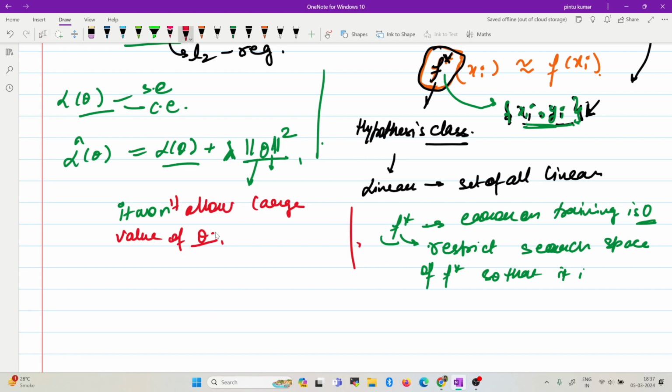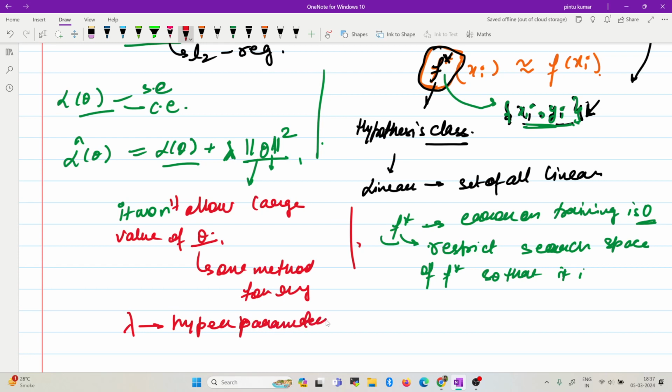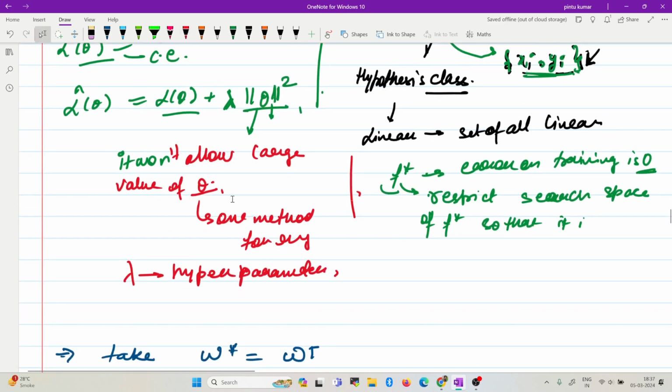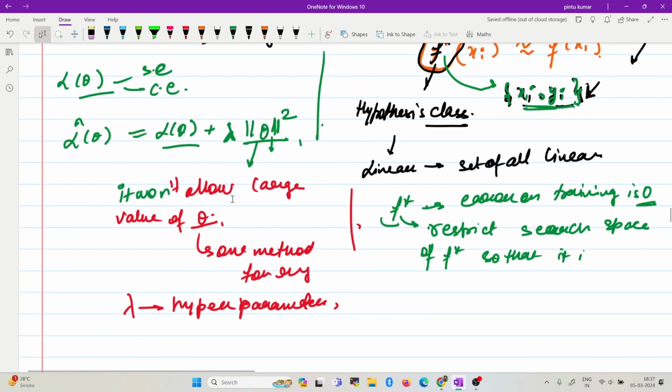So this is one method for regularization. And again, your lambda is some hyperparameter that you can tune. Any doubt in L2 regularization?